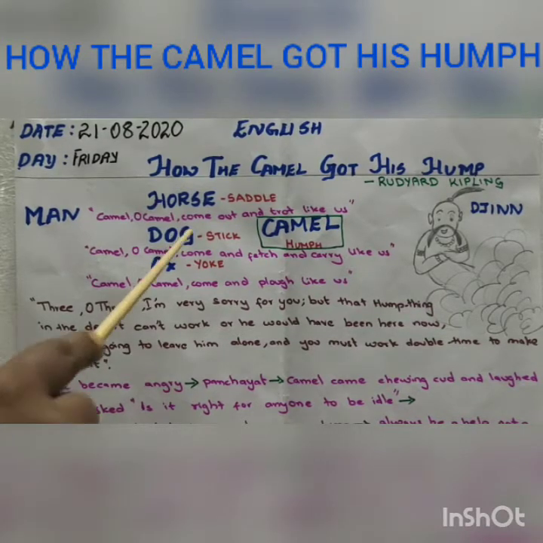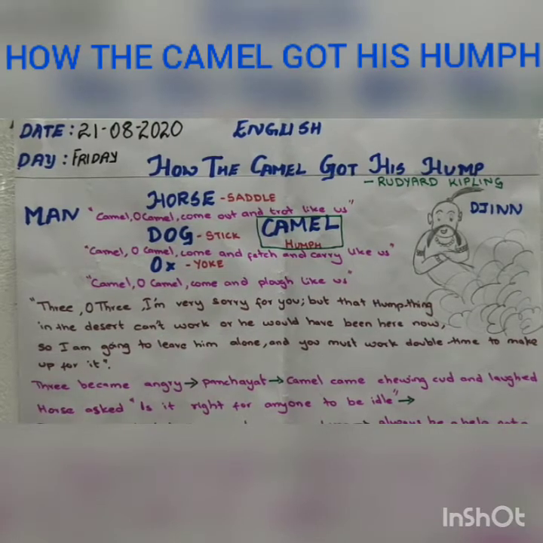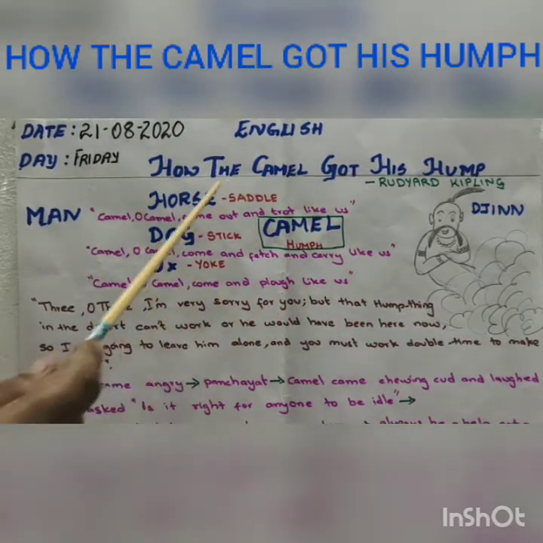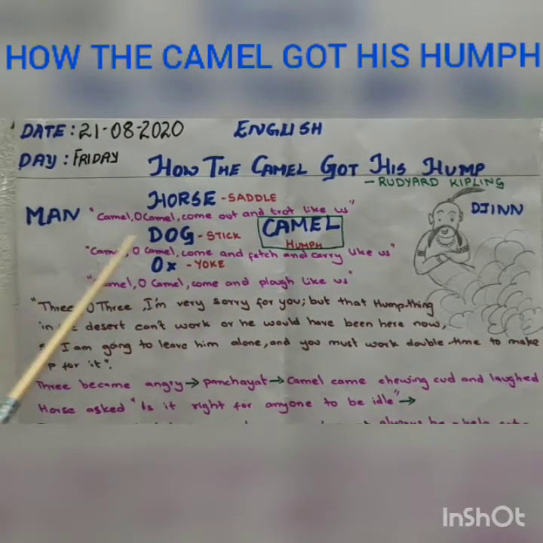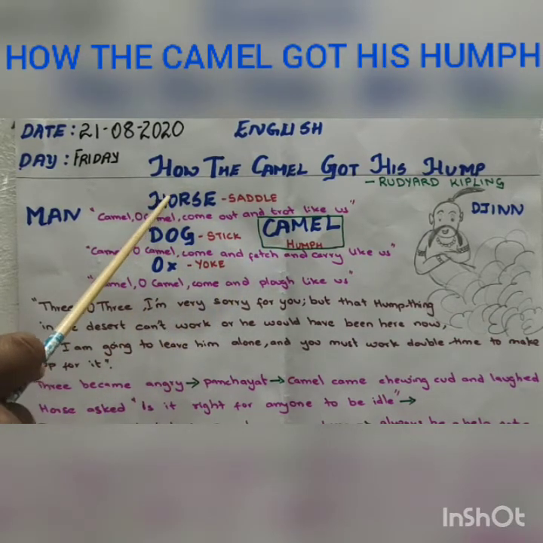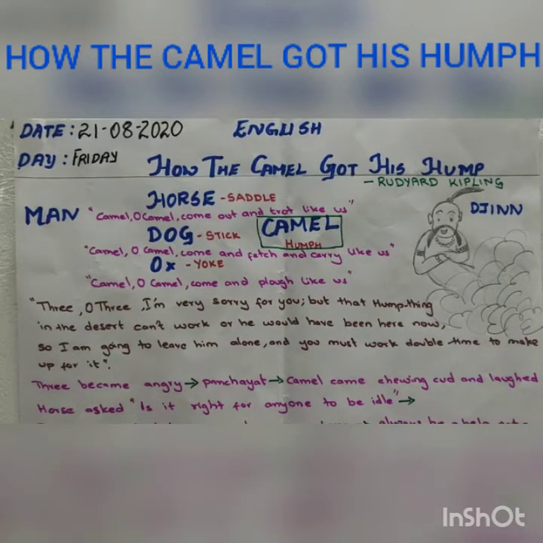So the horse, dog, ox and the camel in the beginning of the world started to work for man. All these four were supposed to work for the man, but the camel did not work for the man. So one day the horse and the camel were sitting in a howling desert.